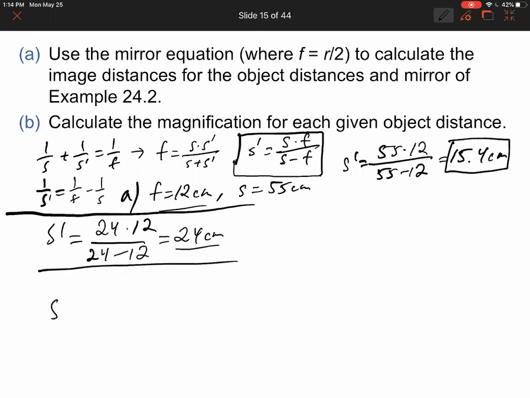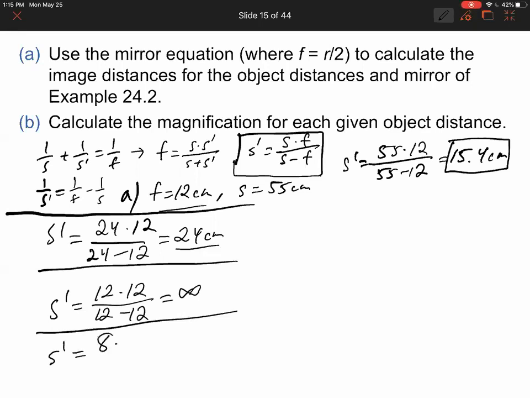The next one was for the position of the object at 12 centimeters. So 12 times 12 divided by 12 minus 12. What we get here is 1 over 0, which is undefined. That means there was no image. Remember? And then the last one was the object at 8 centimeters. So 8 times 12 over 8 minus 12.